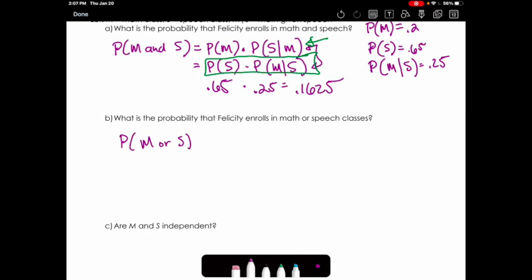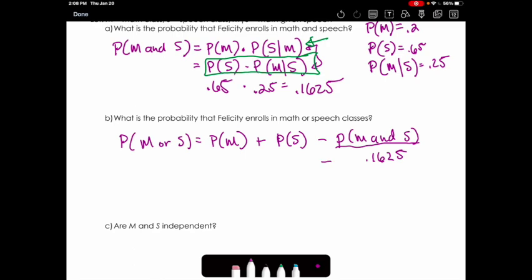Okay, part B says, what is the probability that Felicity enrolls in a math or a speech class? So we're going to find the probability of M or S. The general rule for this is to add the probability of the first event to the probability of the second event, and then subtract any overlap, if there is overlap. So that would be the probability that M and S happens at the same time. And we just found that value in part A, so we know that that does happen.